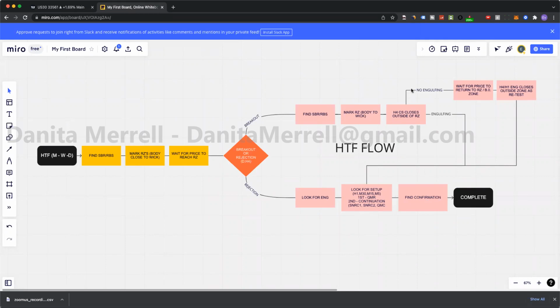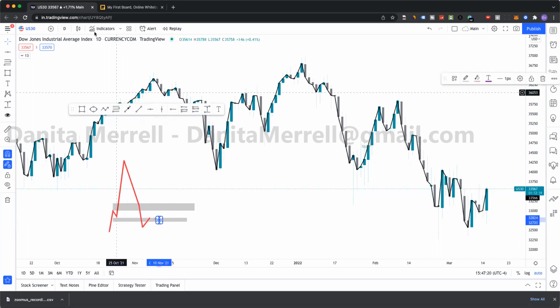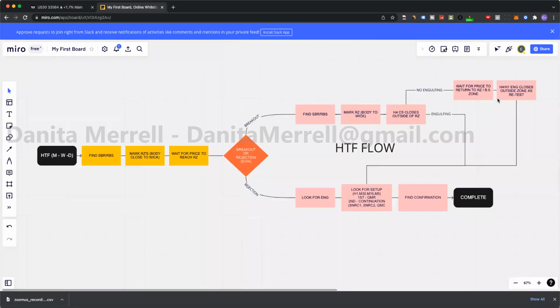Now, let's say there is no engulfing pattern. Let's say price is just still playing around in this area without any engulfing. You wait for price to return to the breakout zone. So what does that mean?